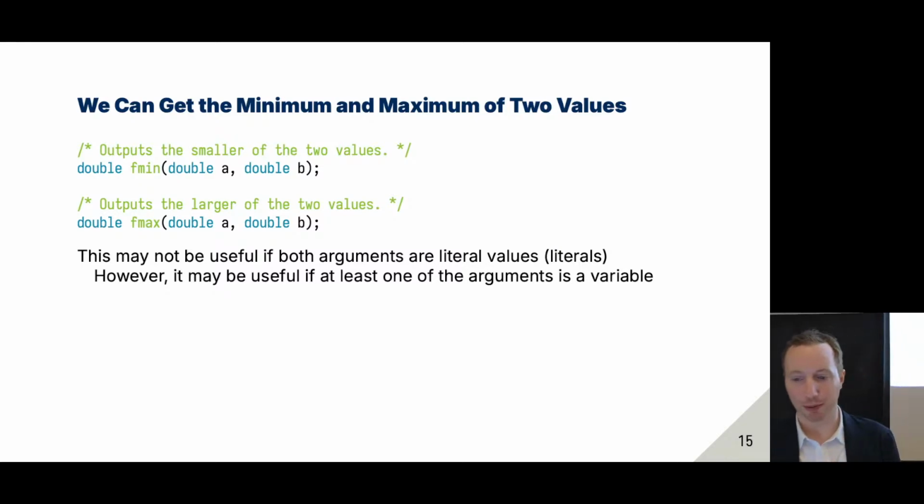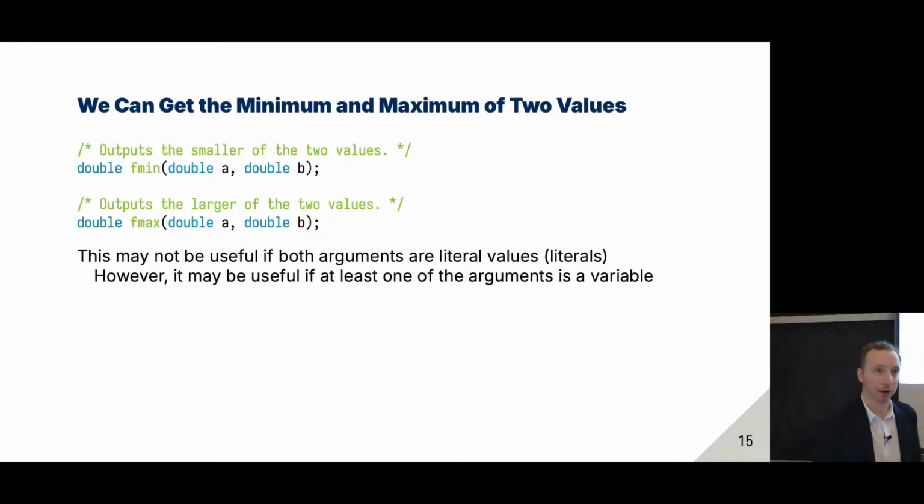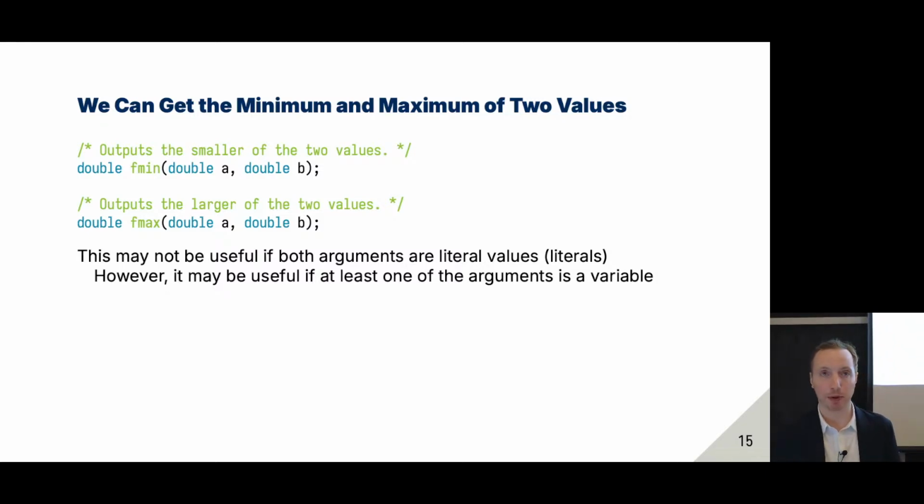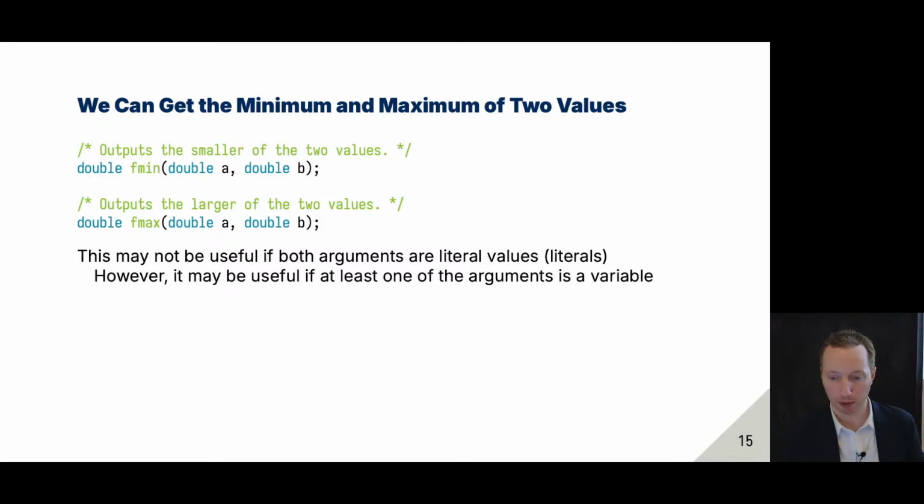Other fun functions: we can get the minimum and the maximum of two values. This might be useful to you as well. There's fmin, which takes two numbers, a and b. Order doesn't really matter because it will always output the smaller of those two numbers. And there's also an fmax that will always output the larger of the two numbers.